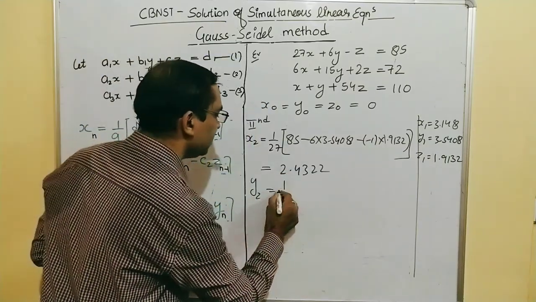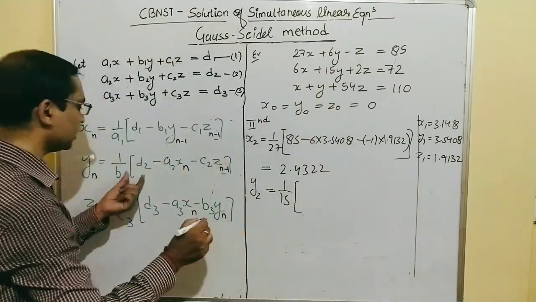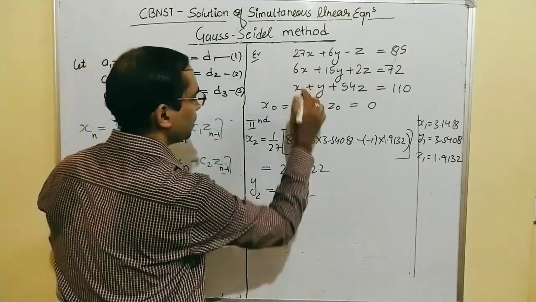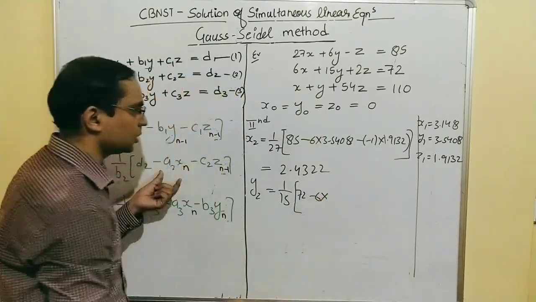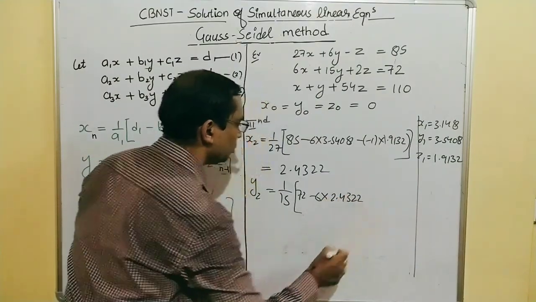Now what is y2? This is 1 upon b2, this is 1 upon 15, and then this is d2, 72, minus a2, that is 6, cross new value of x2, that is 2.4322.